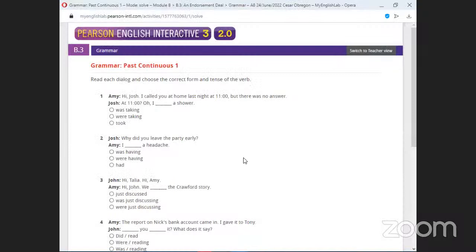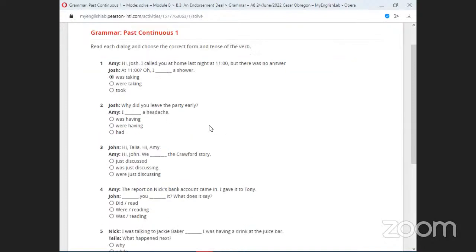Okay, so past continuous number one. Read each dialogue and choose the correct form and tense of the verb. So number one. Hi Josh, I called you at home last night at 11, but there was no answer. At 11, oh, I was taking a shower.